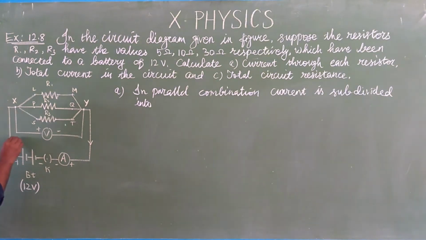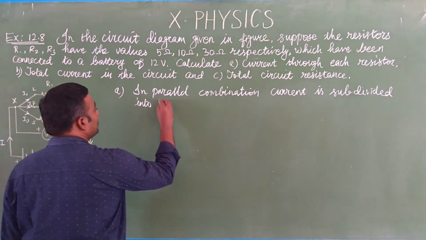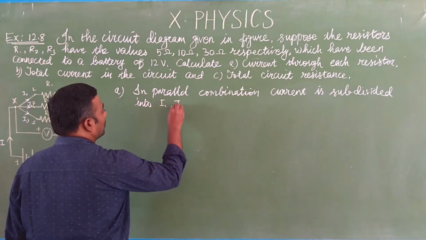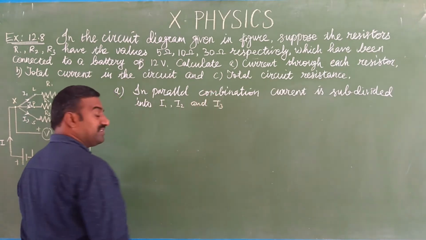The current I from the battery, when it enters the circuit, is subdivided into I1, I2 and I3 for each resistor. So we need to calculate the current through each resistor.